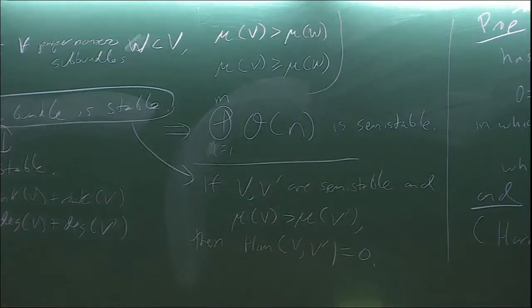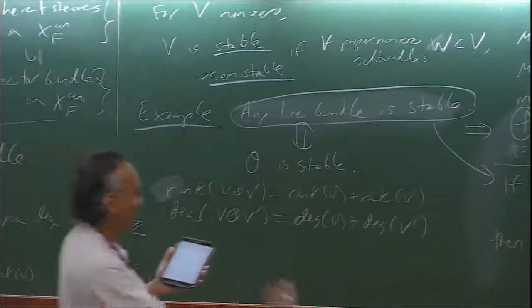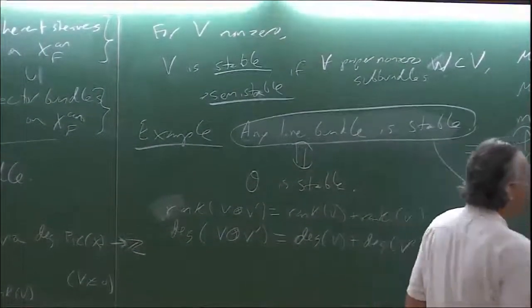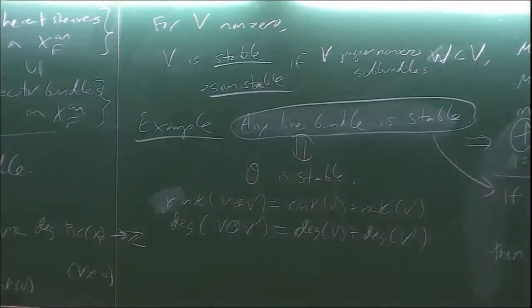So for example, there are no morphisms from O to O of minus 1. That's what I said here, but the statement applies to arbitrary semi-stable things. Oh, and I should caution.